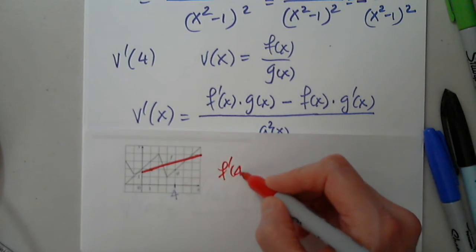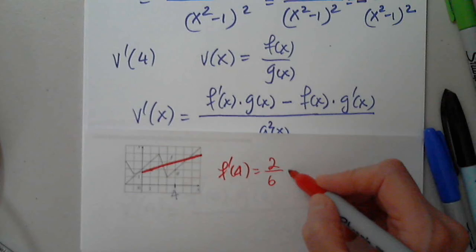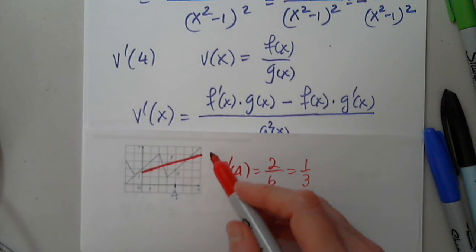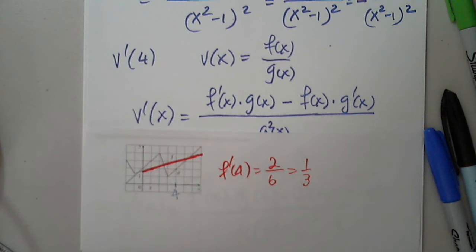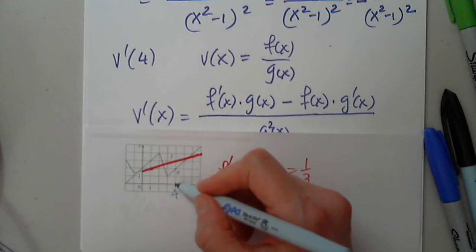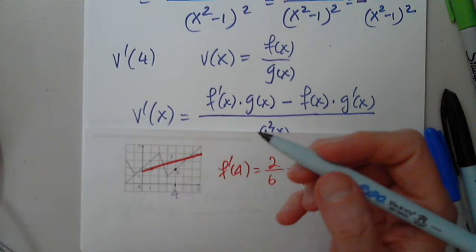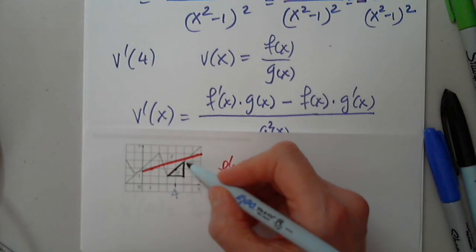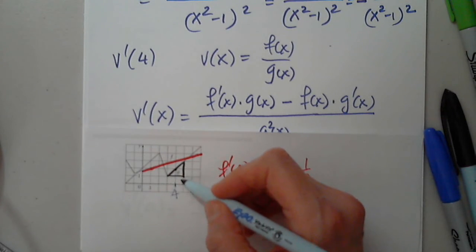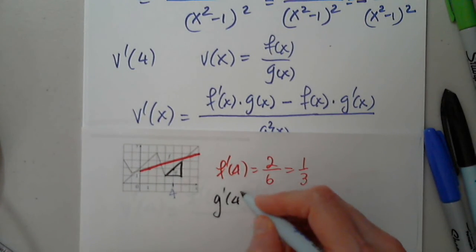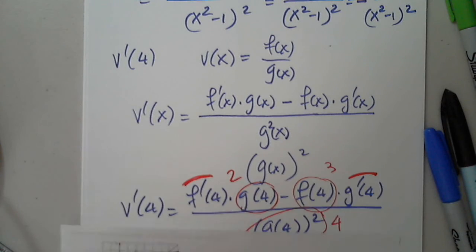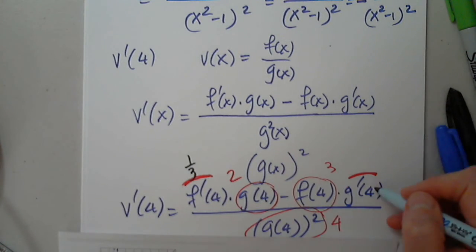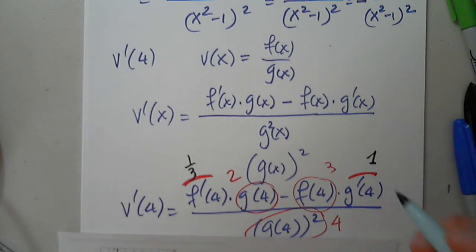So f prime of 4 is 2 over 6, which is 1/3. And it's positive, of course. Now, I'm looking at g at 4. Still positive. Rise of 2, run of 2. So g prime of 4 is 1. So this is 1/3, and this is 1.